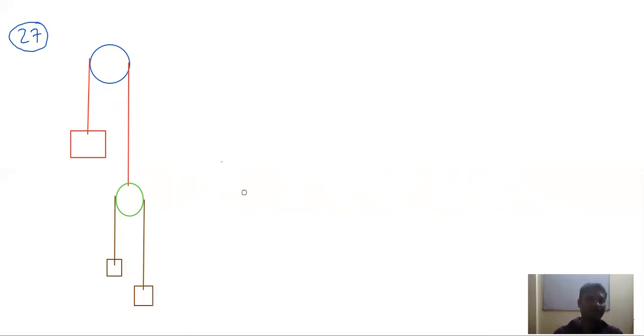So in all, we have three masses here. This is M1, this is M2, and this is M3. Also, we have this pulley which is connected to a wall.